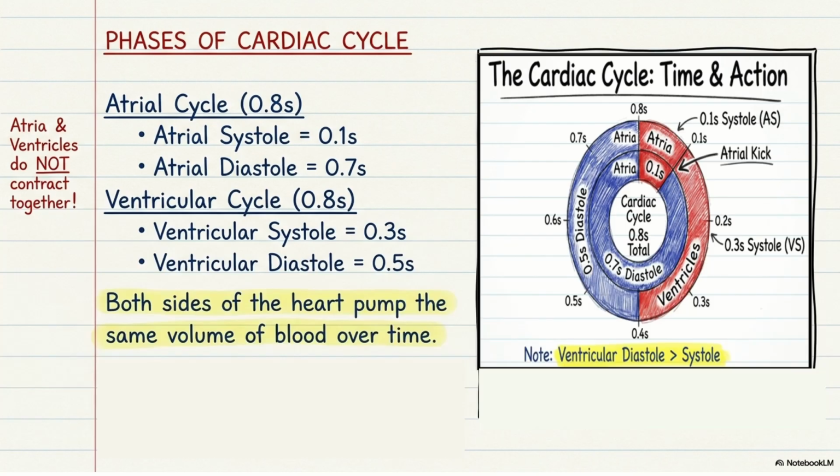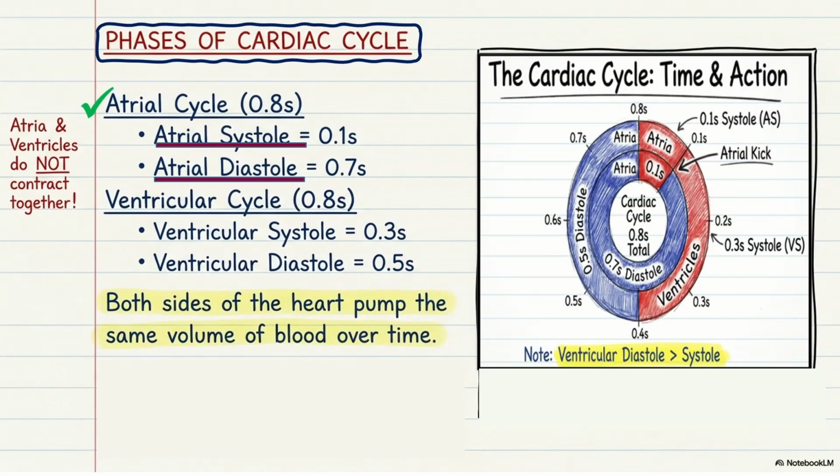Here comes the phases of the cardiac cycle. It has the atrial cycle, that is 0.8 second, with atrial systole of 0.1 and atrial diastole of 0.7 second, and the ventricular cycle of 0.8 containing ventricular systole of 0.3 and ventricular diastole of 0.5 seconds. Remember, both sides of the heart pump the same volume of blood over time.